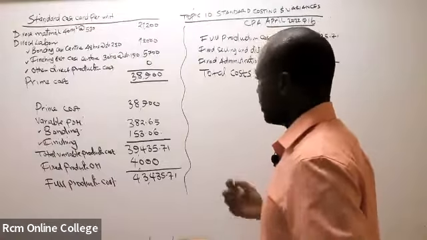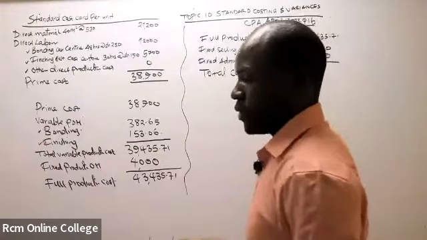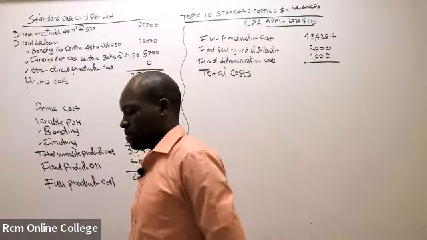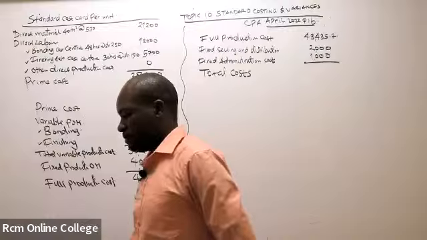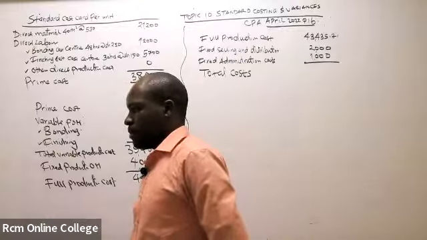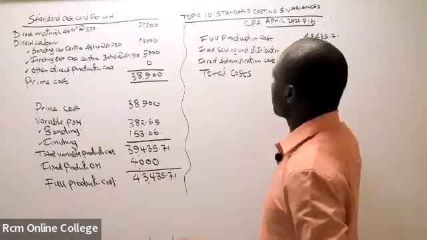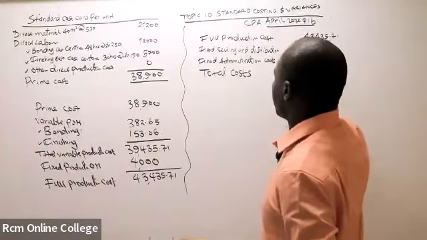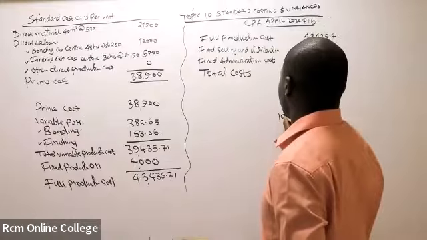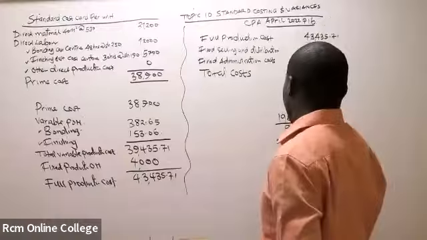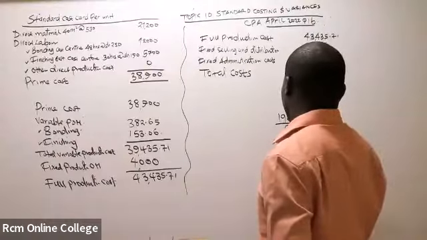46. Please repeat. Which part are we not getting? Which part should I repeat? Admin cost. Fixed production and selling, tunachukua 19,600,000. We divide by 9,800 units.